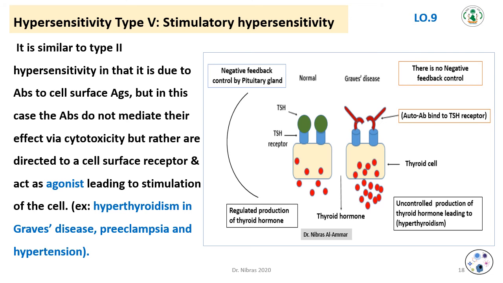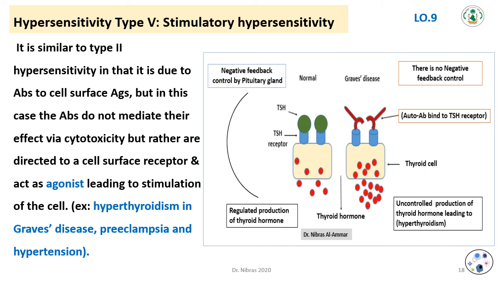It's similar to type 2 hypersensitivity in that it is due to antibody to a cell surface antigen, but in this case the antibodies do not mediate their effect via cytotoxicity, but rather are directed to a cell surface receptor and act as agonists, leading to stimulation of the cell, as in hyperthyroidism in Graves' disease, preeclampsia, and hypertension, caused by this kind of agonist antibody.